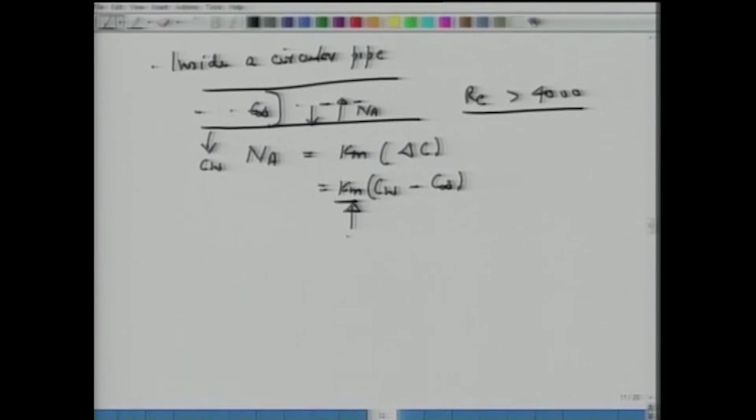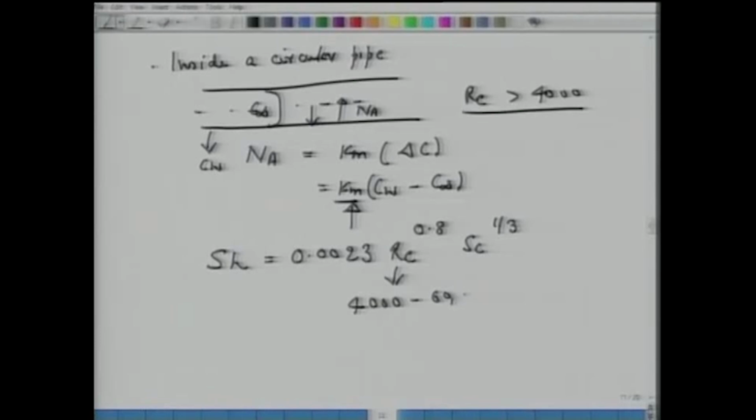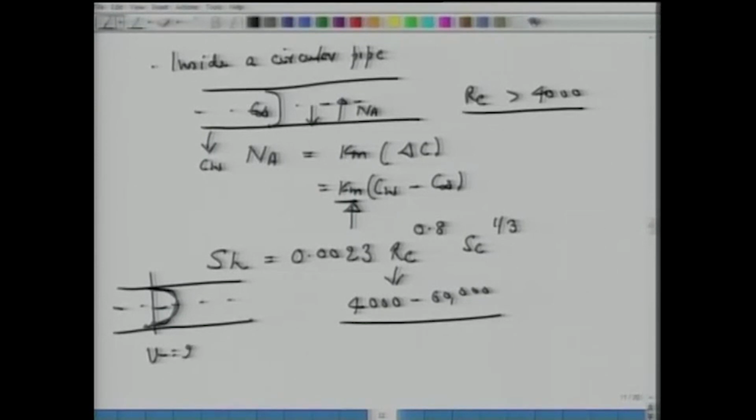And how do we get Km? There is a correlation given, again in terms of Sherwood number, which would be 0.0023 times Reynolds number to the power 0.8, Schmidt number to the power 1/3, and then the author has given a range that this equation is valid between 4000 and 60,000. Look at the range here, it's a turbulent flow. It's not like the previous, simpler case when the flow is laminar and we have the parabolic velocity profile, like V equals 2 V bar times 1 minus r square over R square.